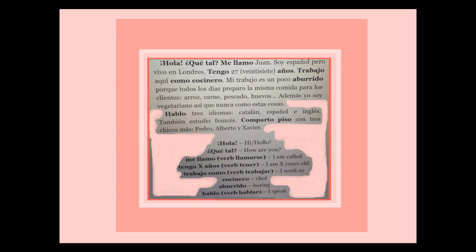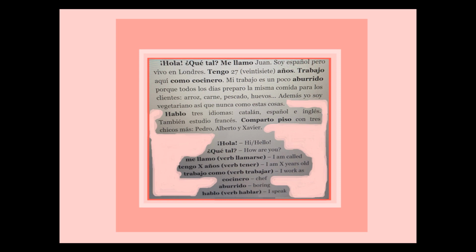And of course, así is a little word which we put in different places. And here it has the meaning, that's how. Así que nunca, that's how I never eat. Nunca, we also have jamás. Como, I eat.